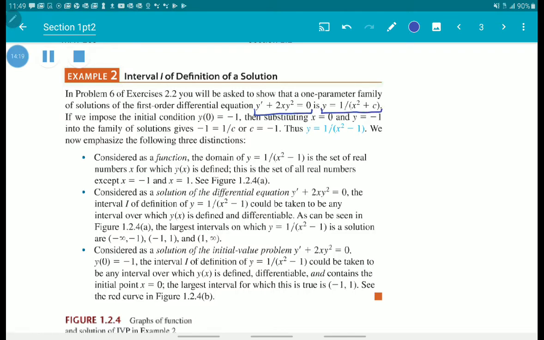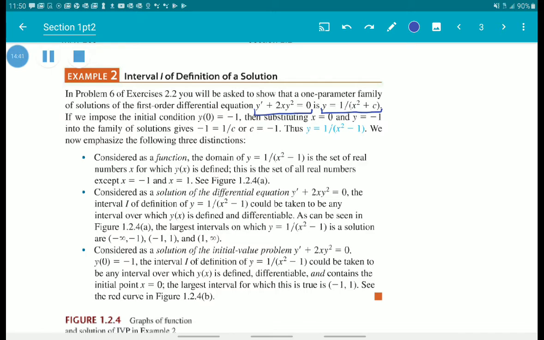We could go through and verify that. If we wanted to, we could take the first derivative, substitute it in, and make sure we get an identity statement. In this case, we would end up getting 0 is equal to 0. I'm not going to go through all of that. I'm just going to assume what they've told us is true and that this is definitely a solution to that differential equation.